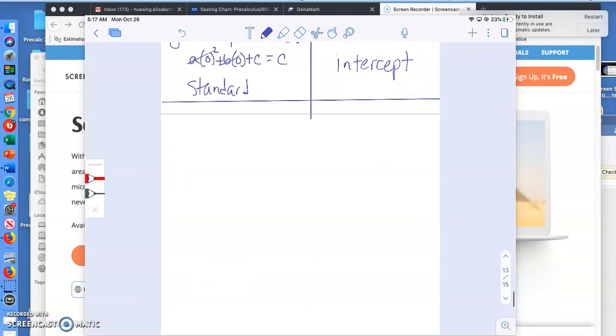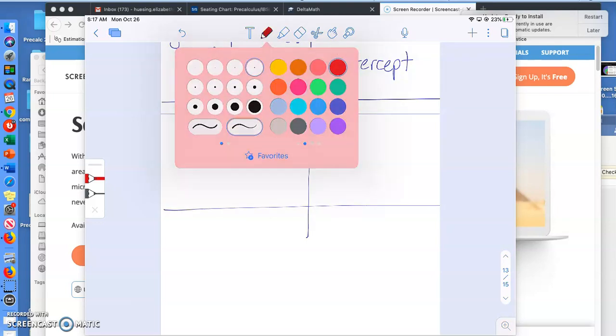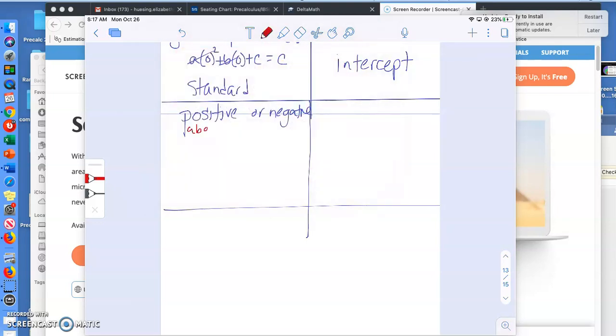And then one thing that we haven't talked about here is when is it positive or negative? And this has to do with the x-axis. It's positive if it's above the x-axis. It's negative if it's below the x-axis.